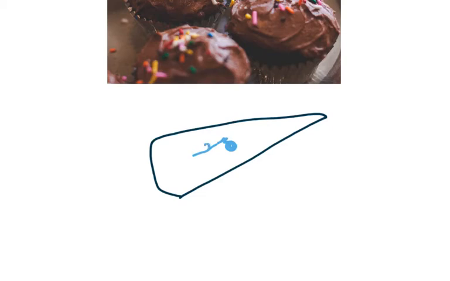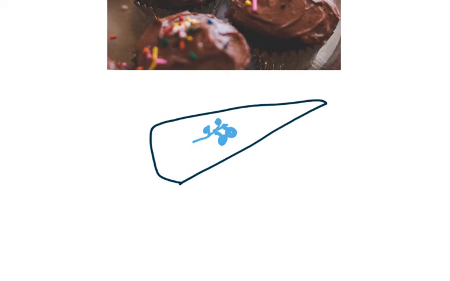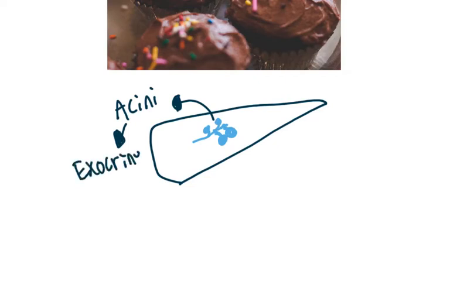Our acini are part of the exocrine system of our pancreas.